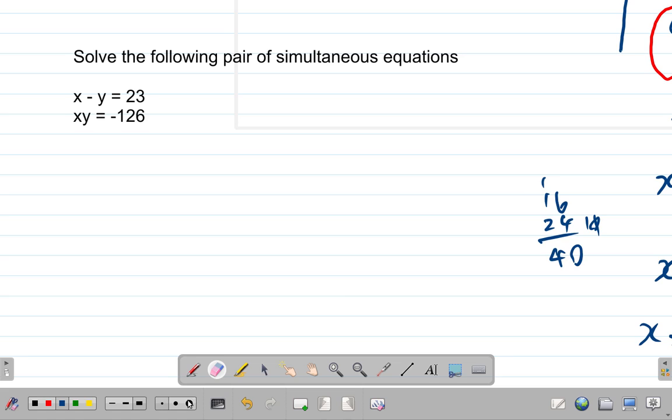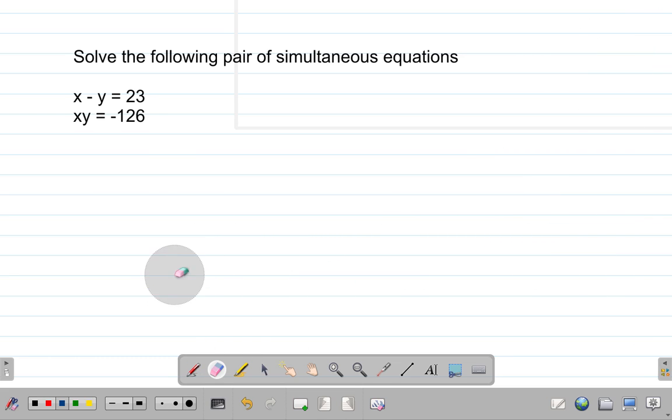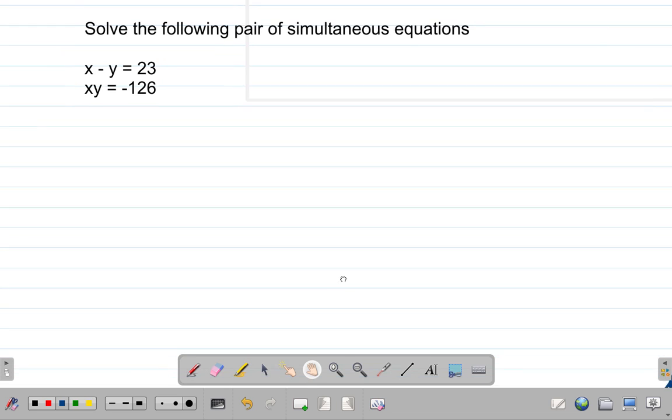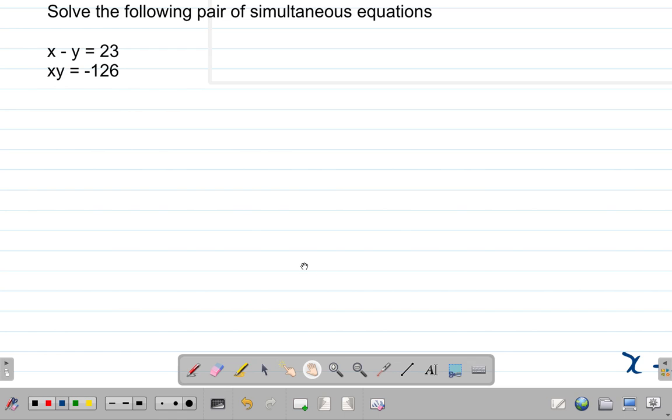Let's erase some of these things over here. Alright, we have x minus y is equal to 23. Let's call this equation 1.